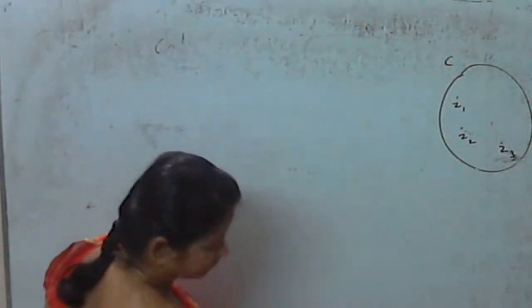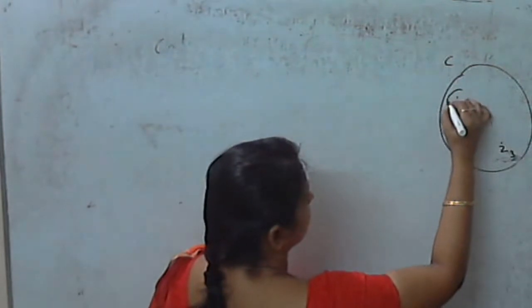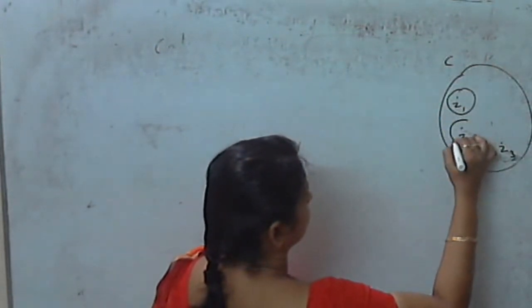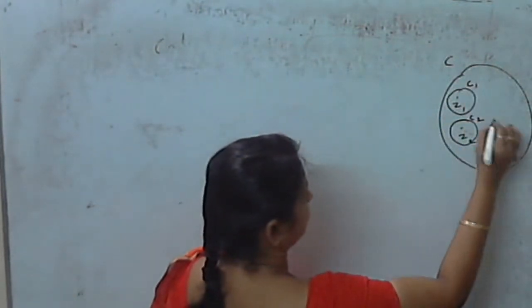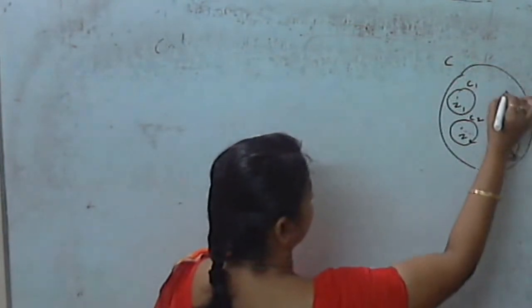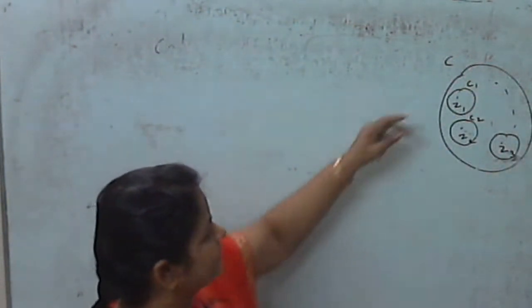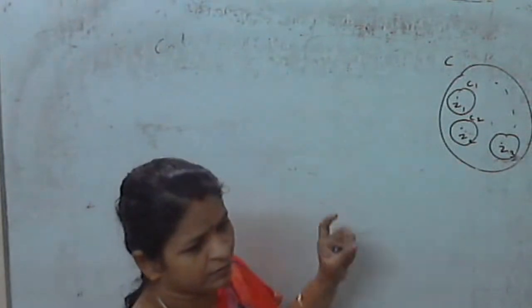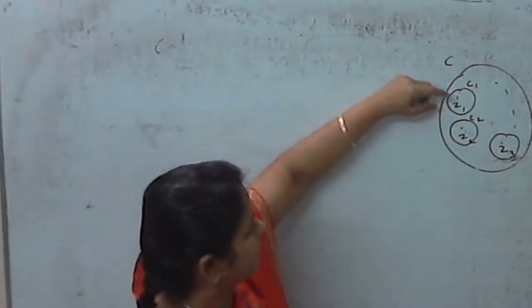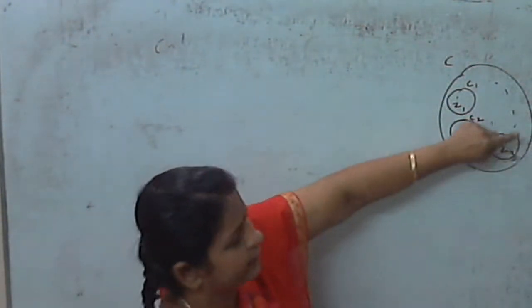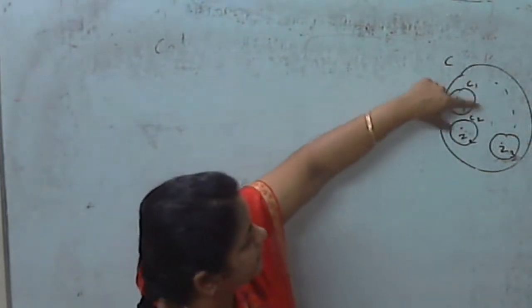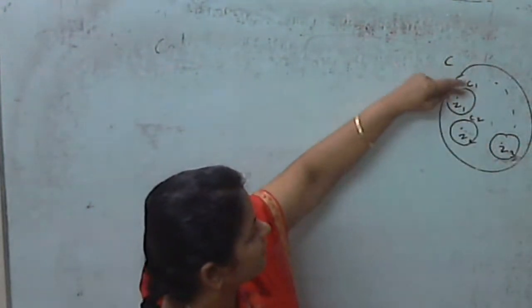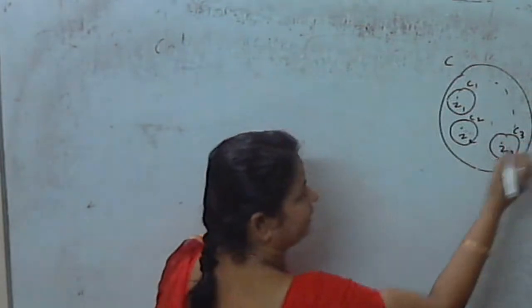First, let us draw small circles C1, C2, C3 like this with centers z1, z2, z3 and so on. So take the centers as z1, z2, z3 and so on zn, and draw the small circles C1, C2, C3 with centers at these poles.